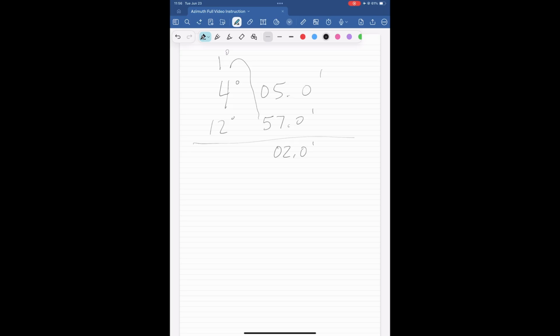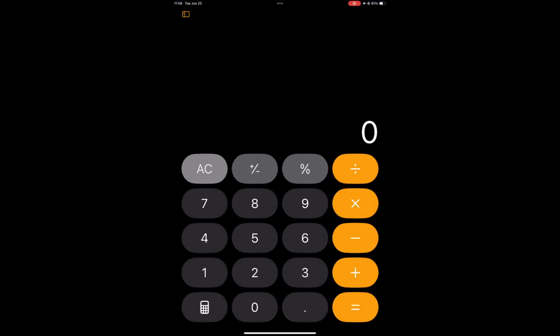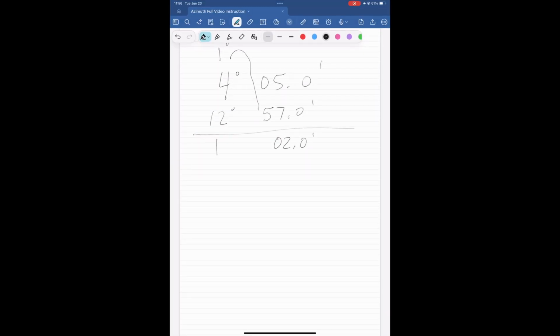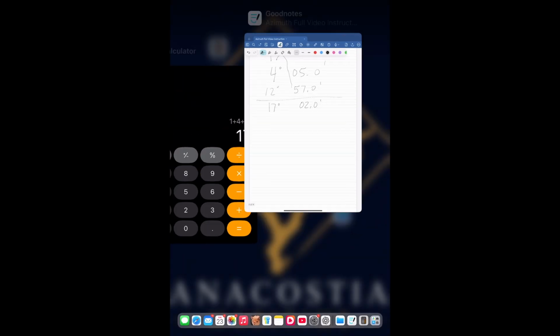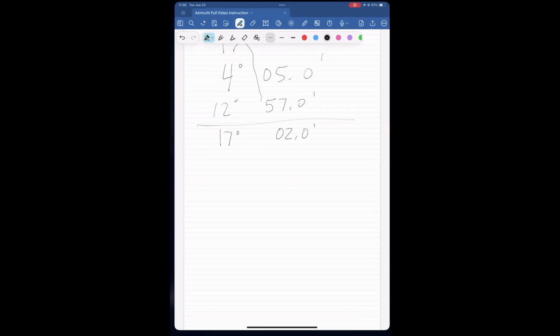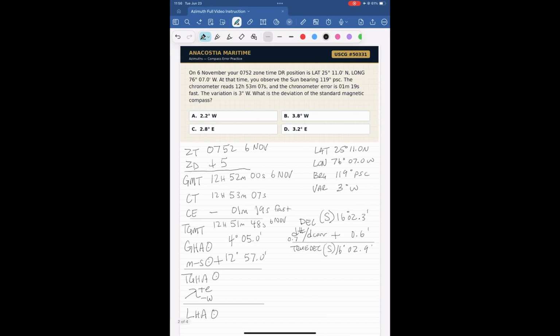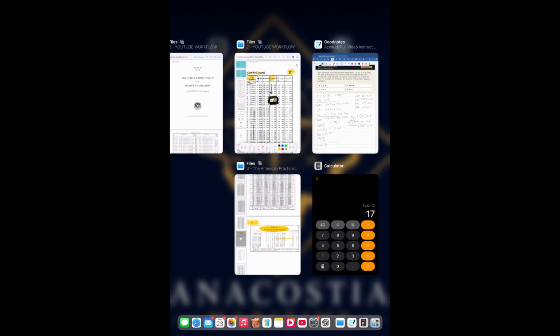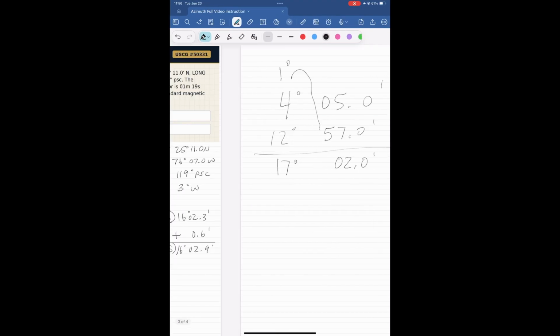So we're just going to add this up. 1 degree plus 4 degrees plus 12 degrees. 17 degrees. Oh, I'm sorry about that. 17 degrees, 2 minutes.